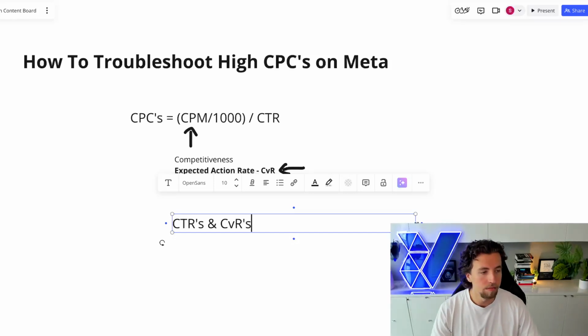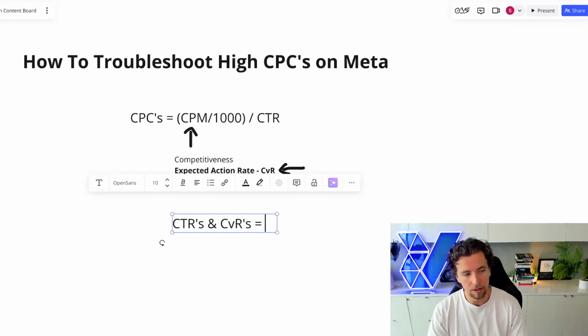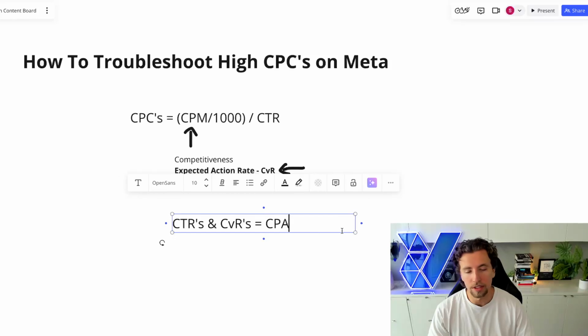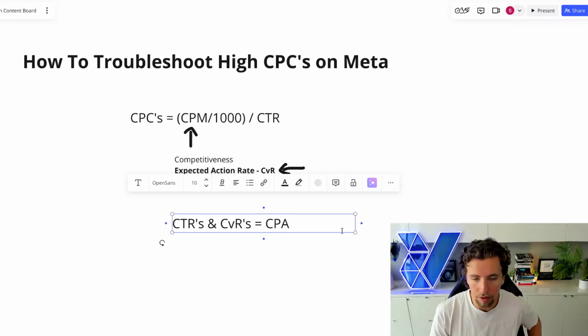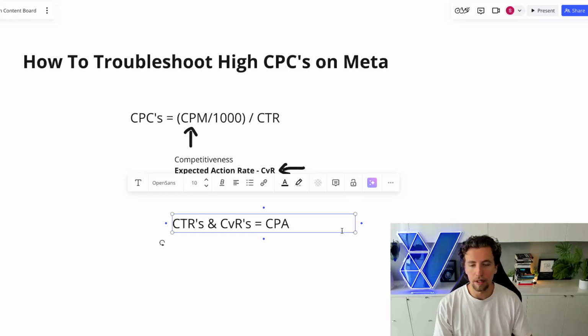And now this sounds incredibly obvious, because CTRs and conversion rates are the underlying metrics that hold CPA. And so if you improve your click-through rates and you improve your conversion rates, you're going to get a better cost per action or a better return on ad spend, and everything's going to look better in the platform. And that's the circular definition that I'm talking about.